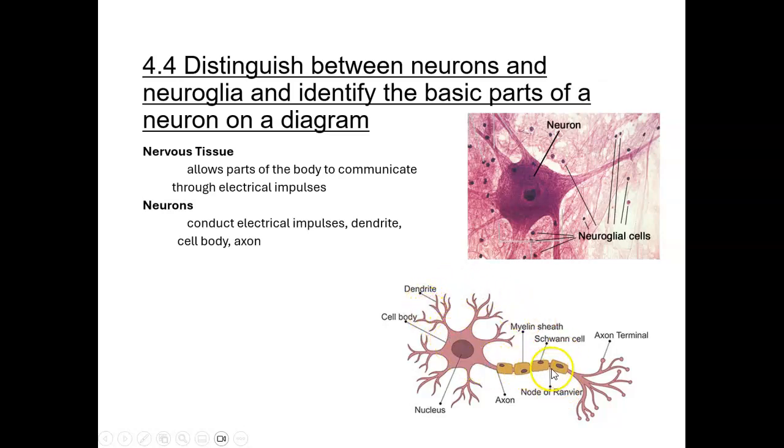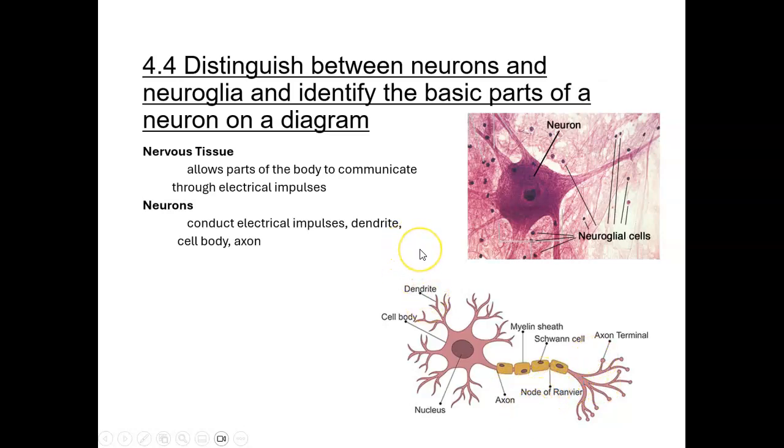And they're kind of weird looking cells because this part looks like a normal cell. We call that the cell body. But the cell body has these branches coming off called dendrites and one long branch called an axon, and then some other stuff that you'll learn when we do the nervous system.